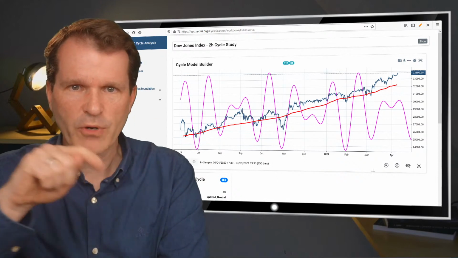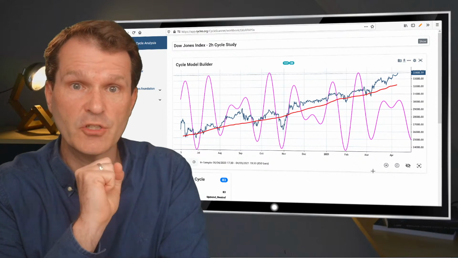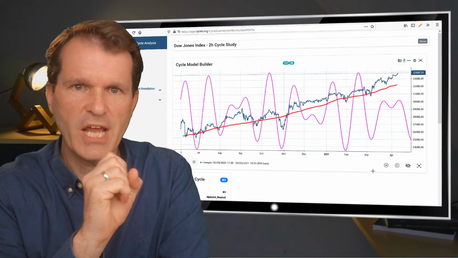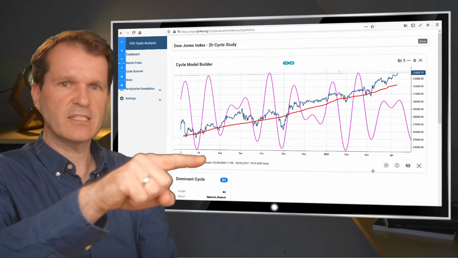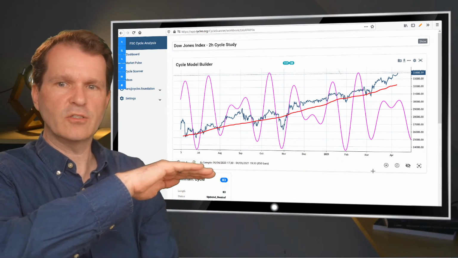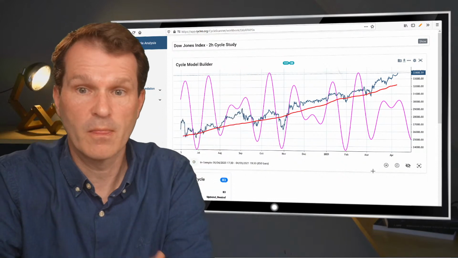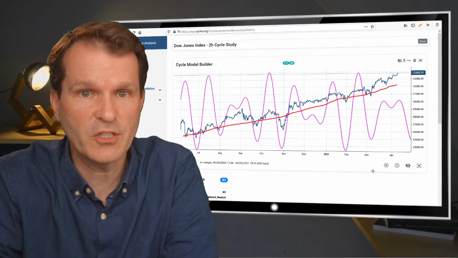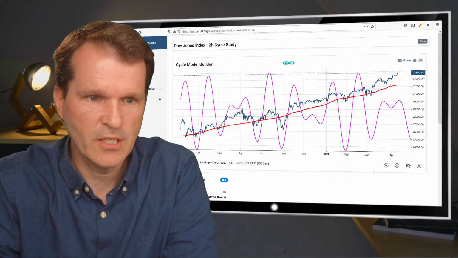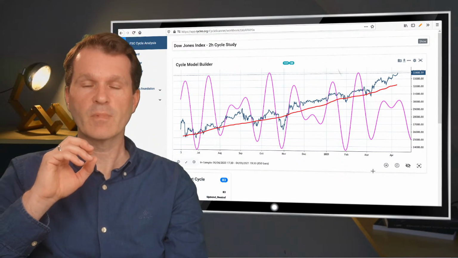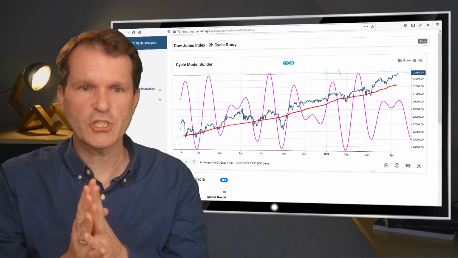So if we now read the cycle swing, we always need to read our cycle projection against the trend information, because the trend information has been taken out for the cycle analysis. And this 2-hour data set we analyzed here, just to keep it simple, is just following this uptrend here. So we know that from a trend perspective, there is an intact uptrend on the 2-hour chart.